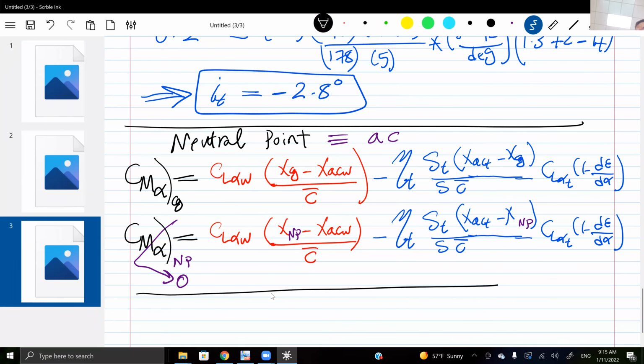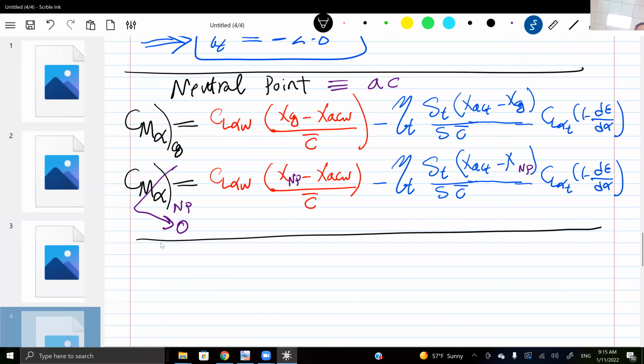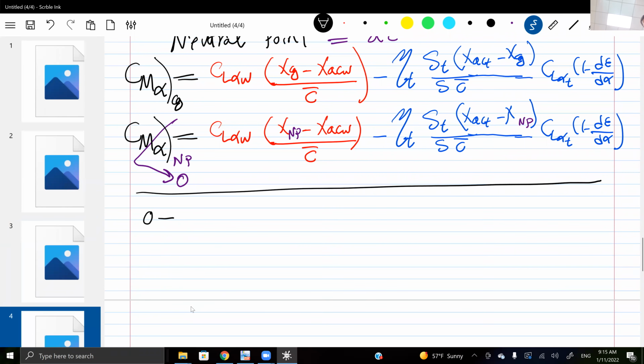So let's subtract these two equations. If we subtract them, 0 minus Cm alpha at the CG equals, I'm subtracting the second line minus the first line. When you do that, this aerodynamic center goes away because it's the same in both.